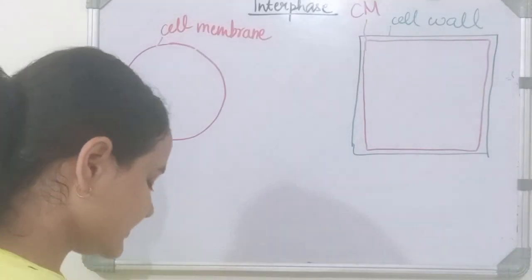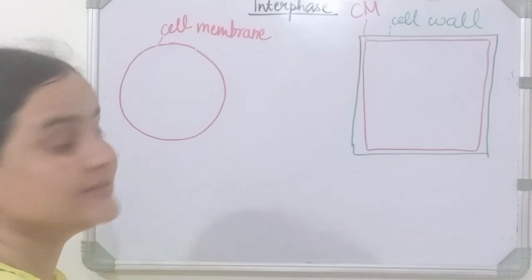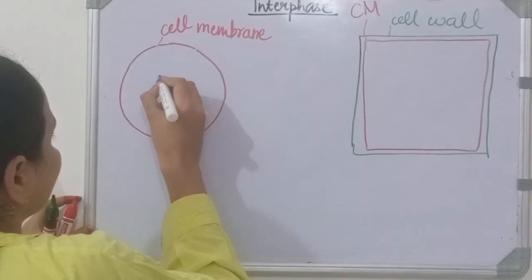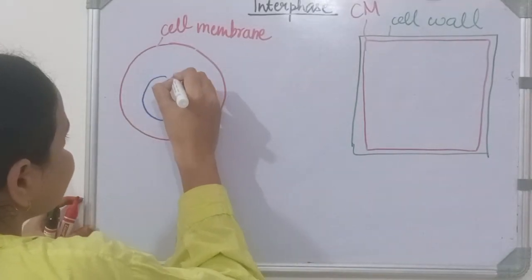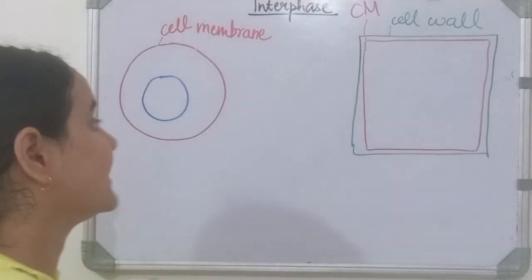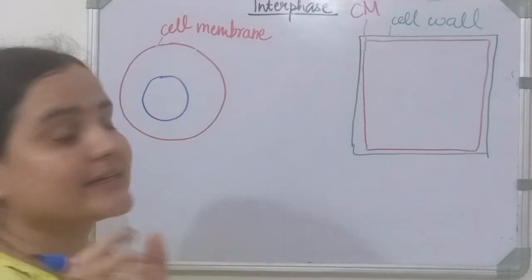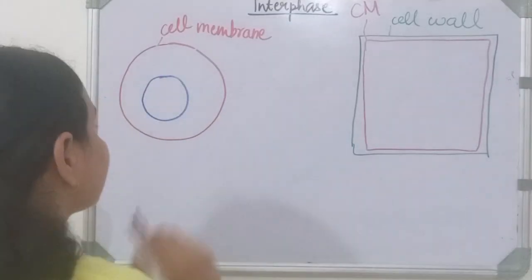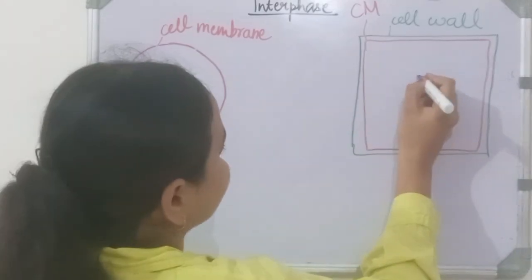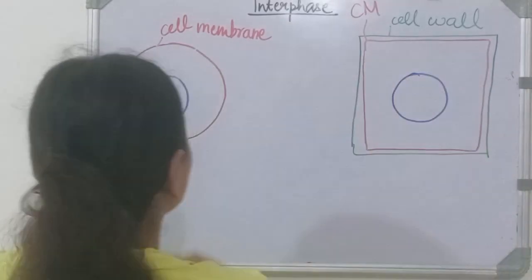Okay, now next I am drawing is nucleus. Nucleus is the control center of the cell. It controls all the activities that happen inside the cell. So this is nucleus. Okay.